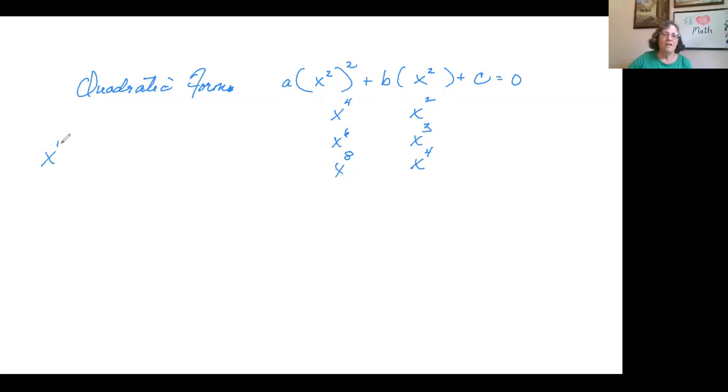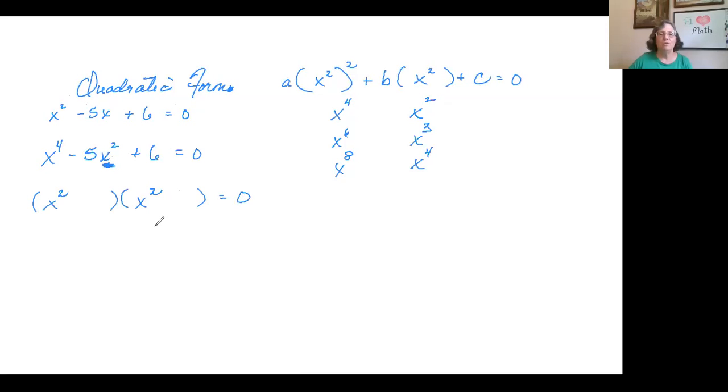So if we had, say, x to the 4th minus 5x squared plus 6 equals 0. This would have factored. We can factor this also, but instead of an x and an x, we're going to put whatever we've got in the middle here. So it's going to be x squared and x squared.